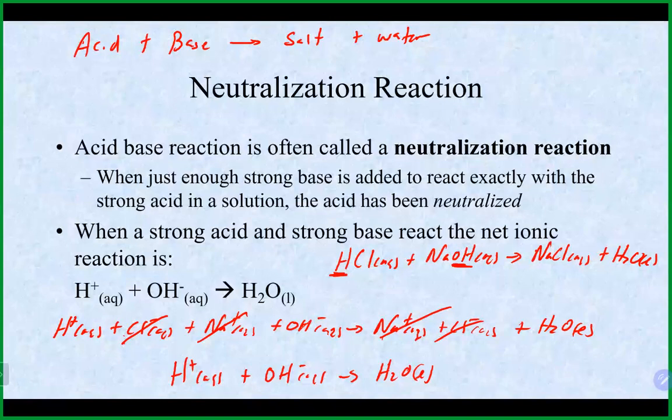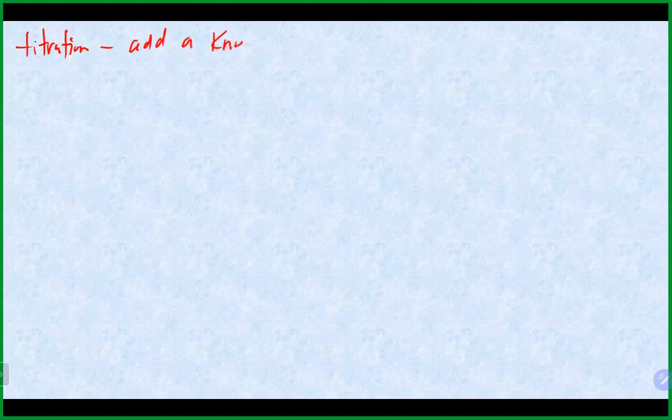So oftentimes in a lab, like you did on Monday and like you will do today, we perform these sorts of neutralization reactions through a process known as titration, which is a very common method to do this acid-base reaction. So in a titration, we usually will add a known solution to an unknown solution.